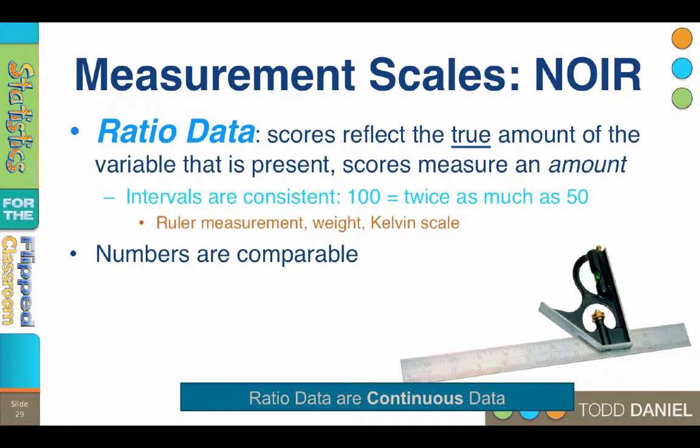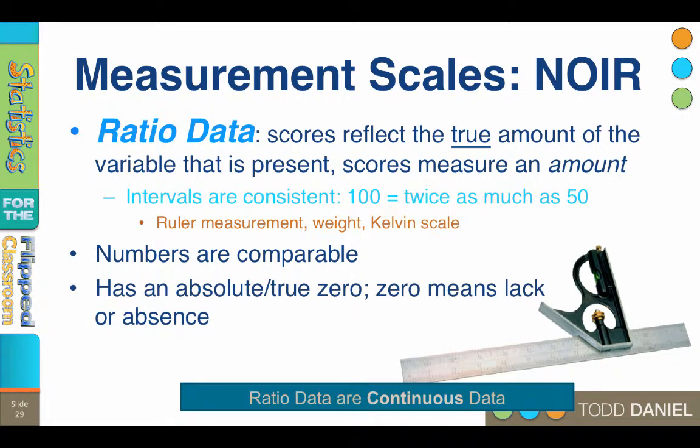Because the scale is measuring amount, numbers are comparable between scales. Having $0 is the same as having 0 yen or 0 euros or 0 Deutschmarks. You could create a conversion scale between any two denominations.